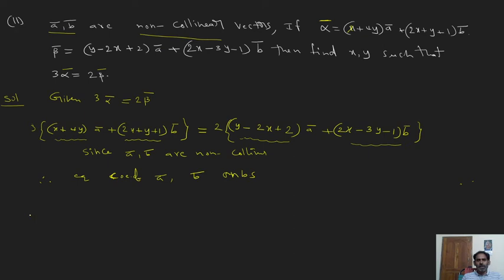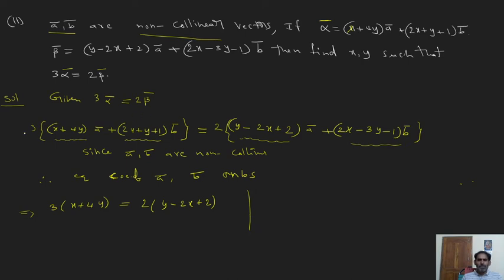Coefficient of a bar: 3 into x plus 4y. Here the coefficient of a bar: 2 into y minus 2x plus 2. Next, the coefficient of b bar.